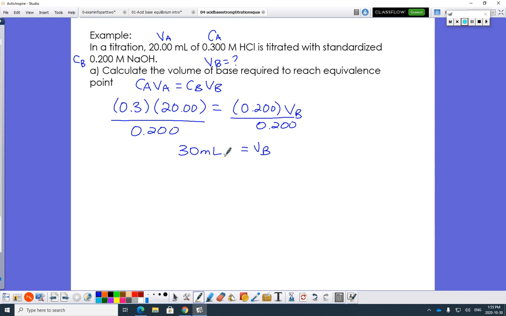It does not have to be a nice perfect number like this, but it makes things a little easier, so it probably will be. So now you know 30 is where the moles of acid and base are equal.